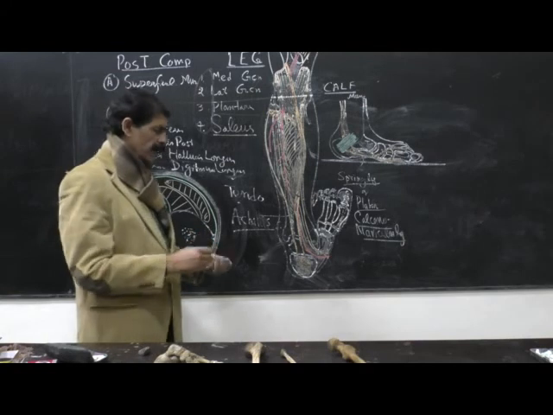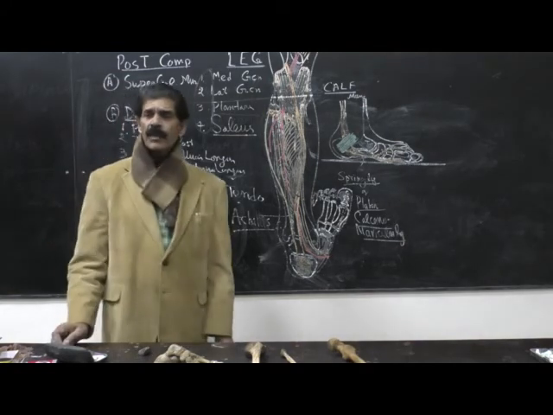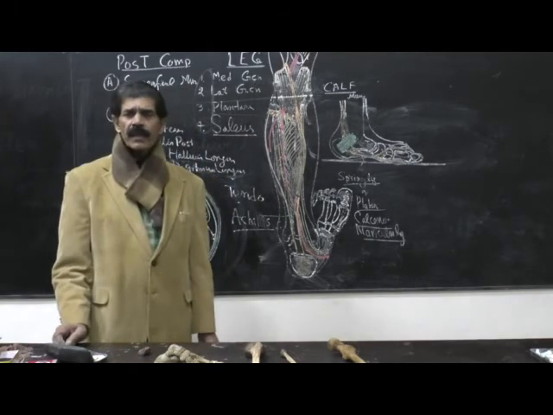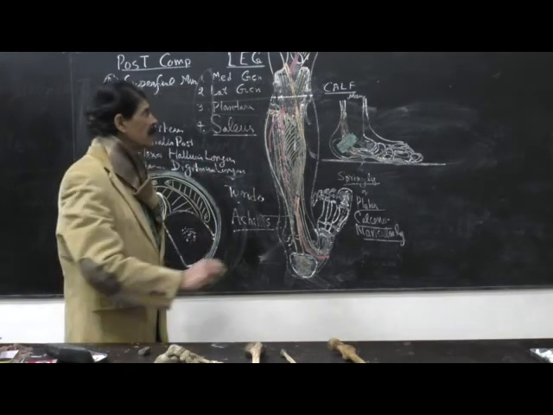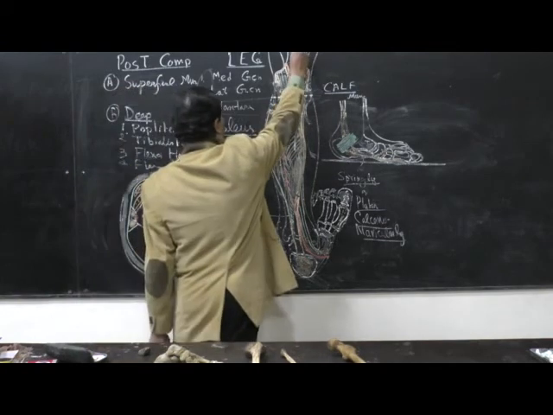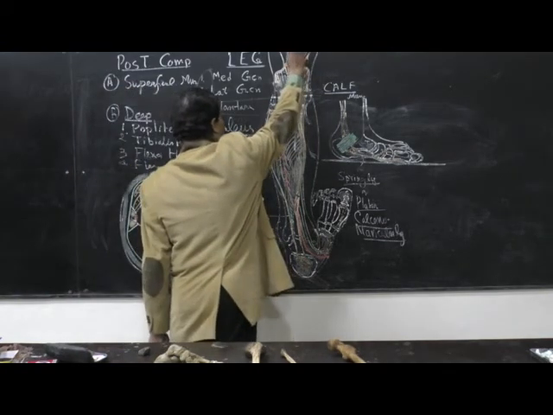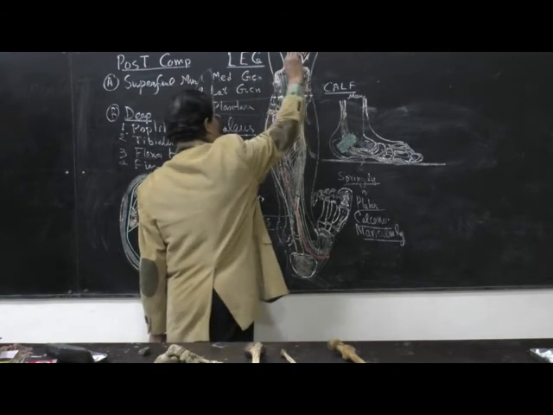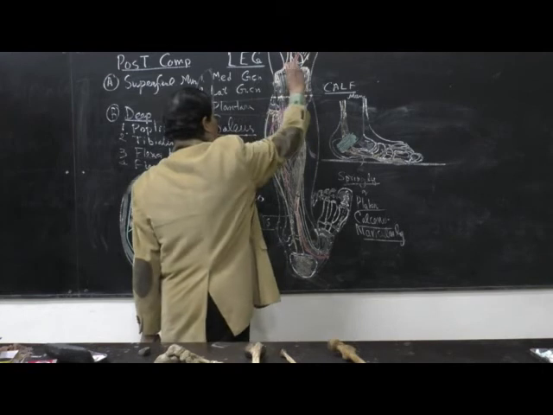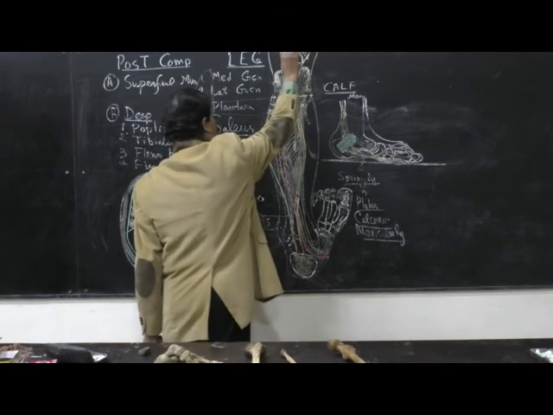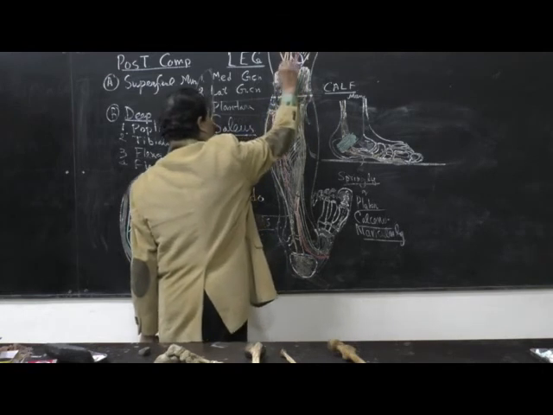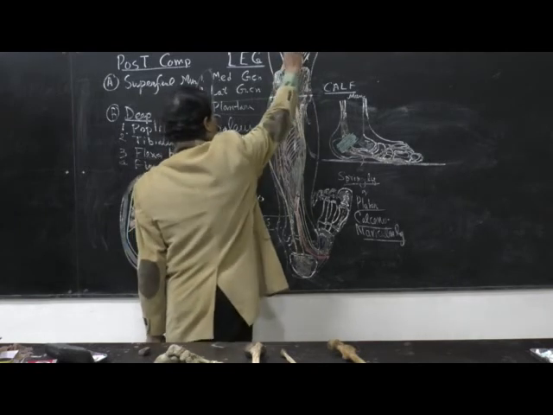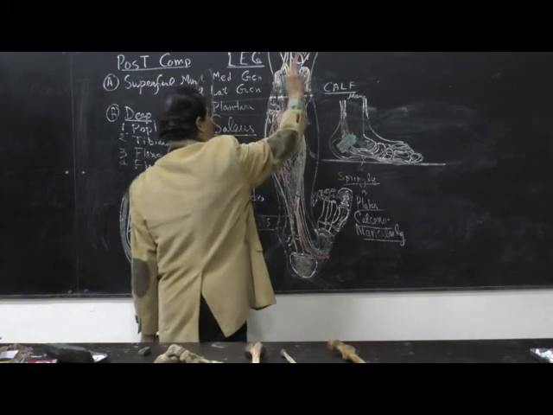Then the nerve supply of these muscles of the posterior compartment is the tibial nerve, which is one of the bifurcating branches of the sciatic nerve at the upper apex of the popliteal fossa. This nerve runs downward vertically after bifurcation. The other is the common peroneal nerve, and the continuation of the sciatic nerve is the tibial nerve.